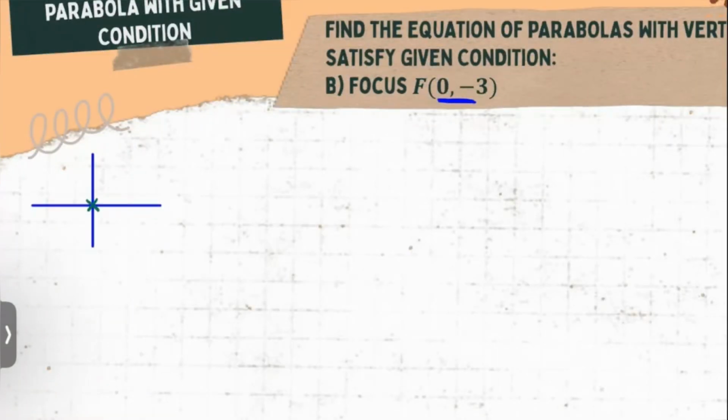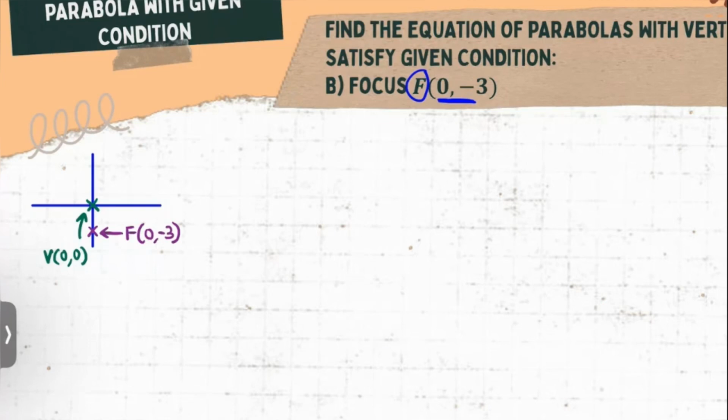So this is our vertex 0, 0. And then dia kata fokus adalah 0, negative 3. So dekat mana 0, negative 3? Sini 0, 0, negative 3 dekat bawah. So ini pula adalah fokus which is 0, negative 3.